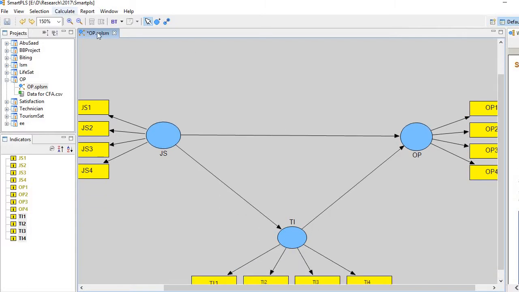With the inclusion of the mediator, if this relationship is no longer significant, that means there is full mediation, but we have seen it was statistically significant. So let me run it again.